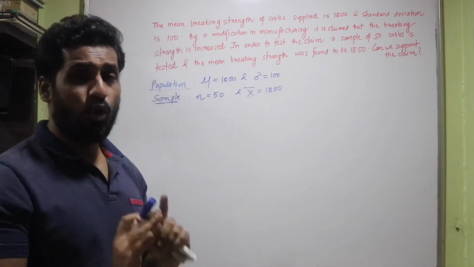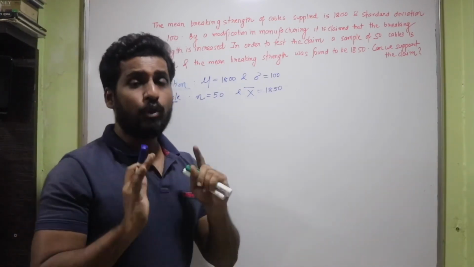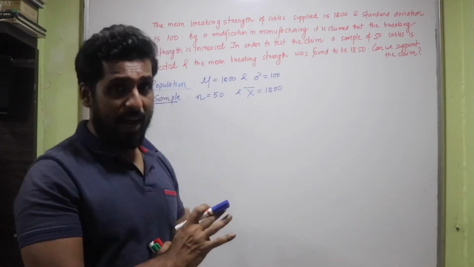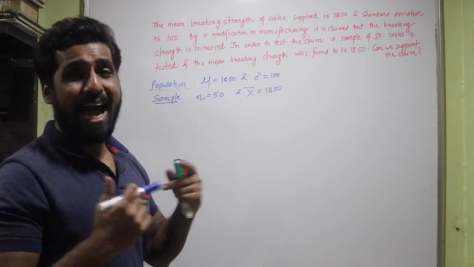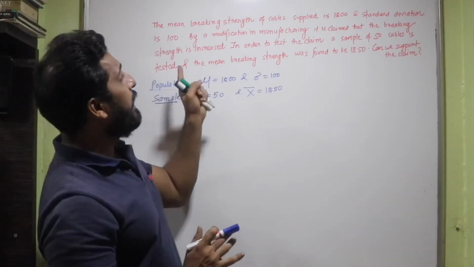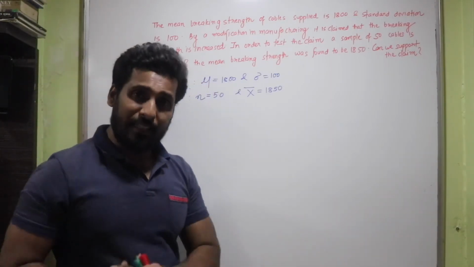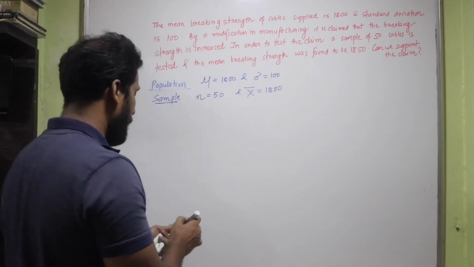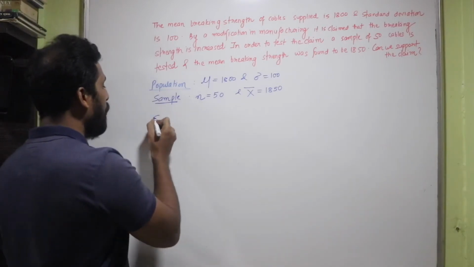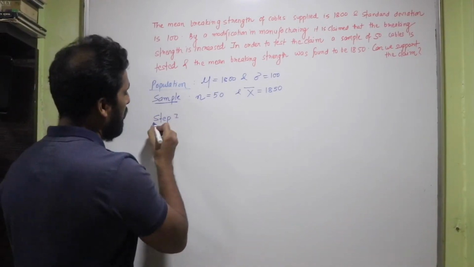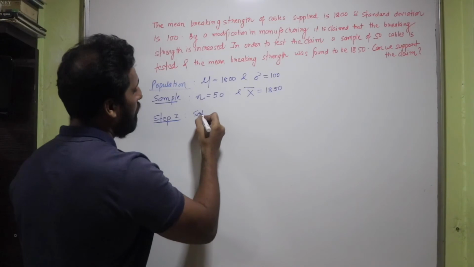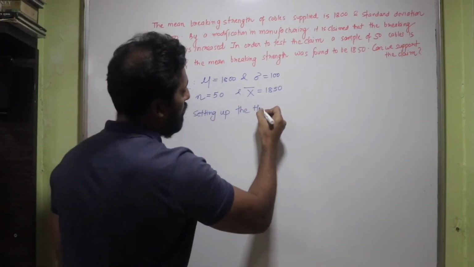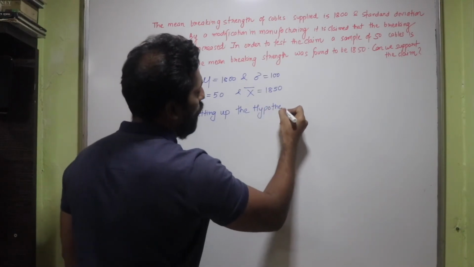The first step is going to be deciding the hypothesis. So what is the hypothesis going to be here? There will be a null hypothesis, there will be an alternative hypothesis. The null hypothesis is, I am telling that the mean is how much? 1800, and you are telling that after taking the sample the mean has increased, isn't it? So I can write here step 1, setting up the hypothesis, isn't it?